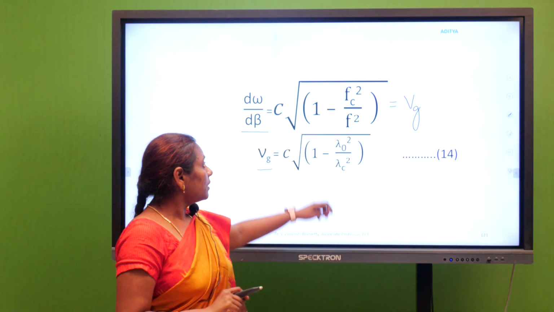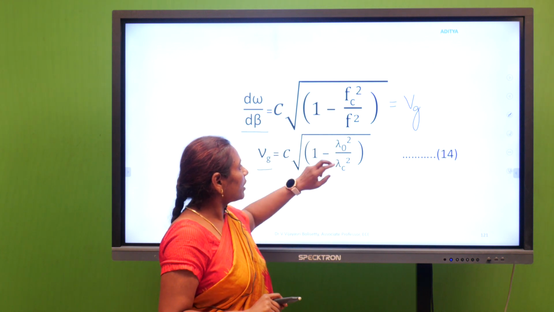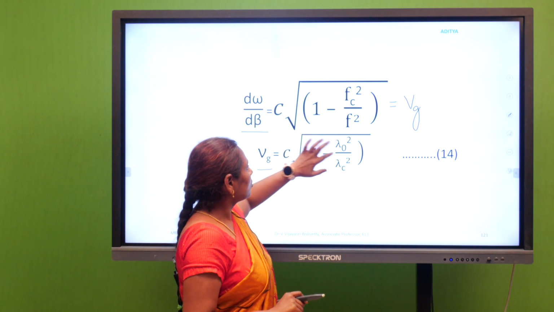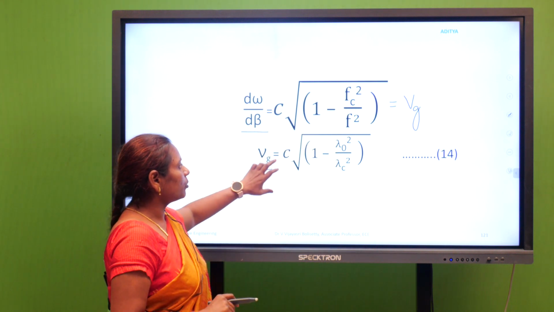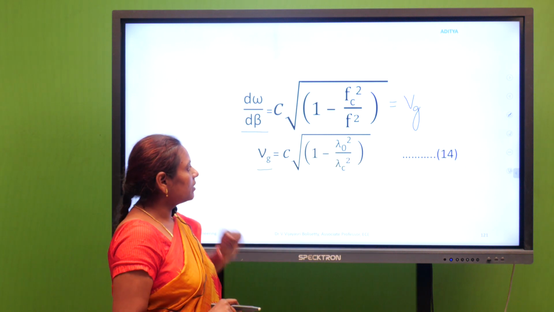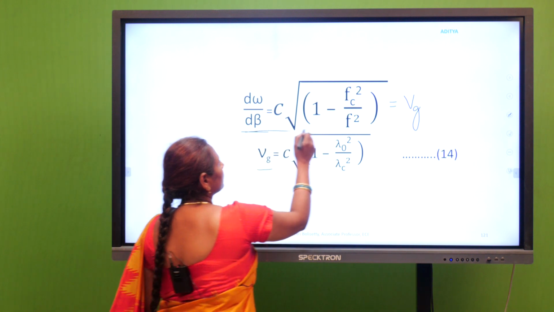This f we can write as c by lambda naught, and fc we can write as c by lambda c. So we can write Vg is equal to c root 1 minus lambda naught square by lambda c square. So this is the relation for the group velocity.